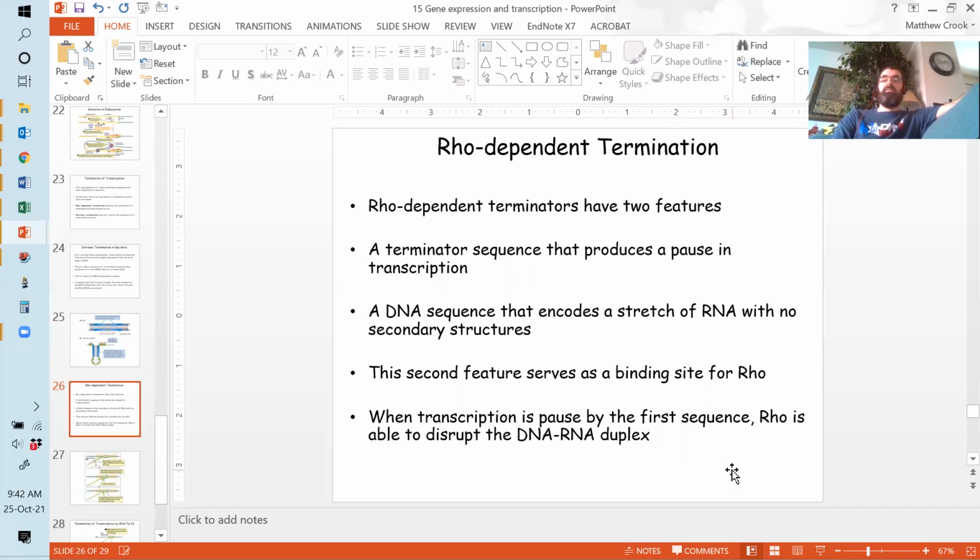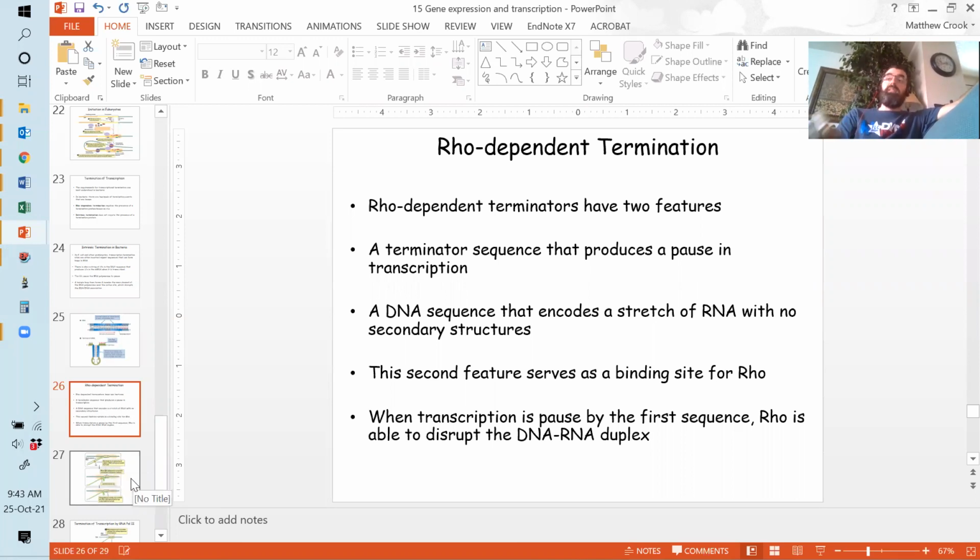So we don't have anything that would form a structure that would get in the way of the Rho protein. So essentially what the Rho does, in this model anyway, is it binds to that simple stretch of RNA with no secondary structures. And its role is to catch up to the paused RNA polymerase and boot it off the DNA, kick it up the backside.